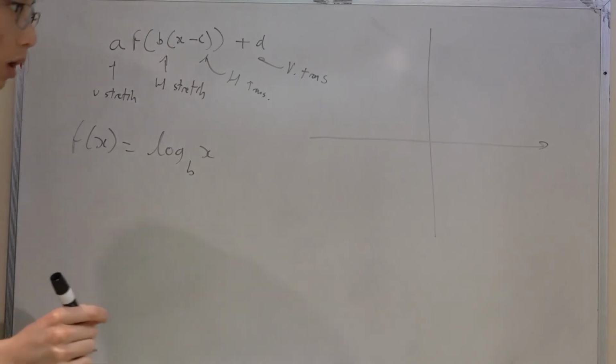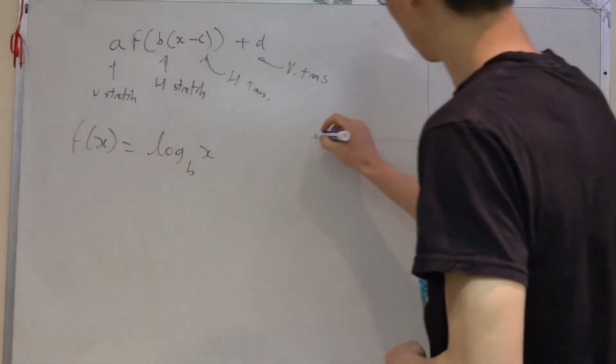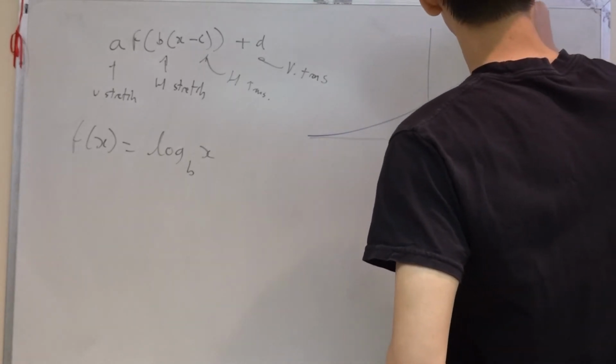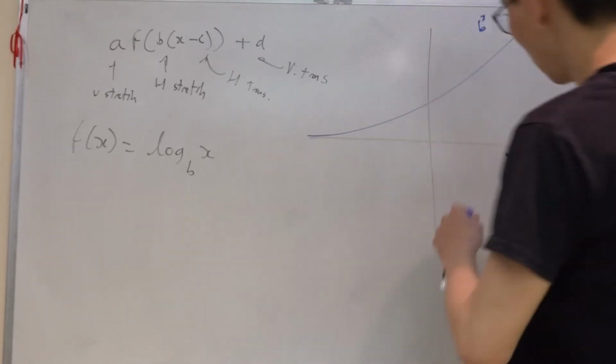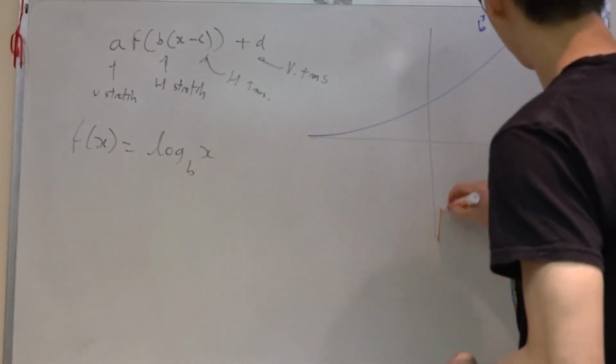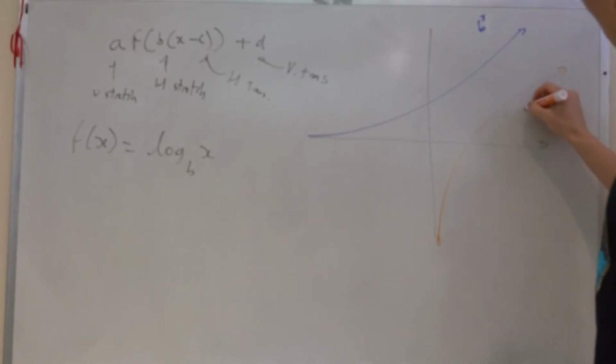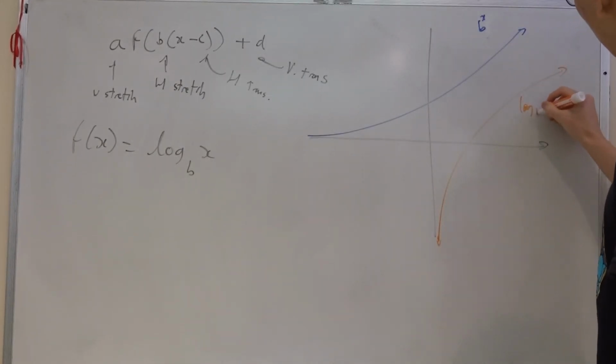Right? So, as we saw, the exponential function b to the x looks like this, whereas the logarithmic function looks like this. It is the inverse function. So this is log b of x.